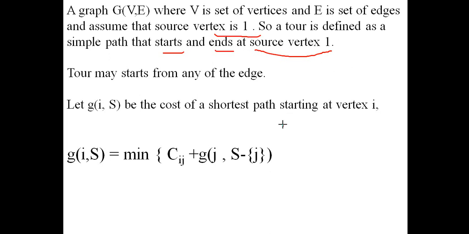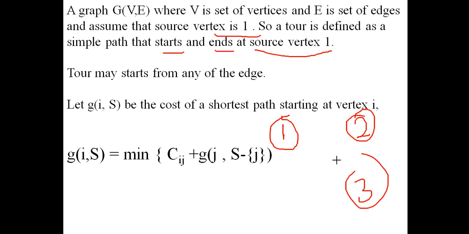Now see here, there are 4 cities named 1, 2, 3 and 4. This is our source vertex, meaning the person can start his journey from this place.